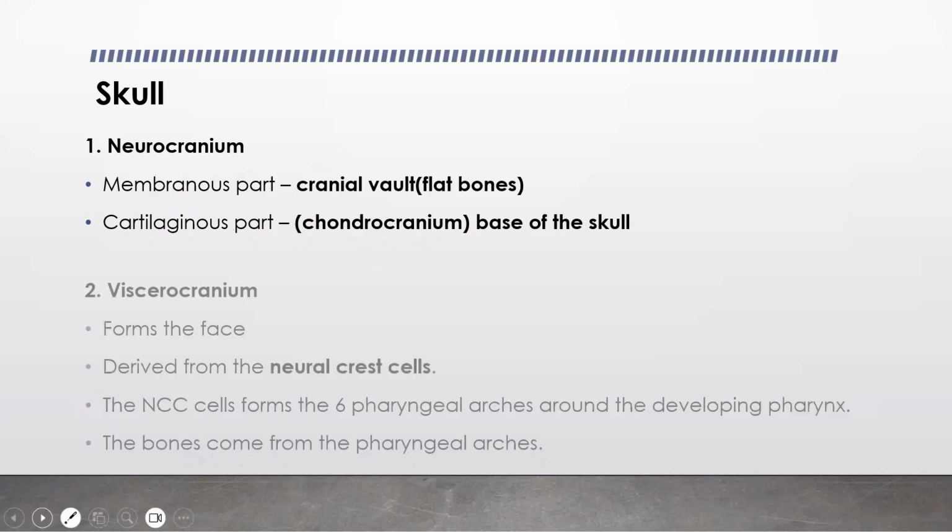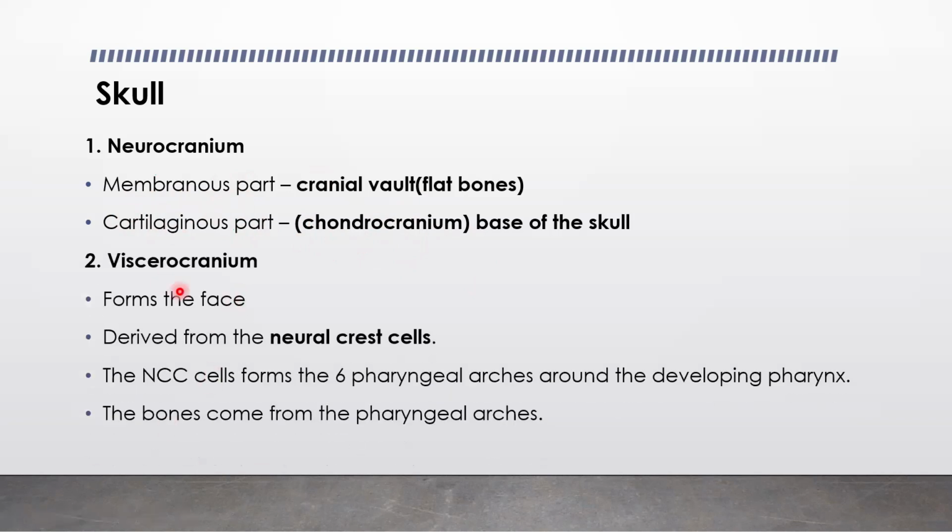Then, now for the viscerocranium, this is somewhat simple because it will be coming from neural crest cells. So remember, these cells will come together and then they will form what are known as pharyngeal arches. These pharyngeal arches will develop around the pharynx.